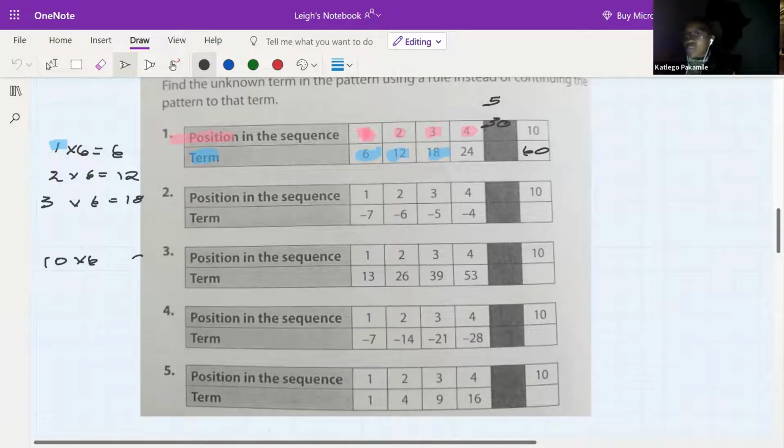Yes, ma'am. So you wouldn't need to use BODMAS because there wasn't any adding or subtracting. But if you look at number 2, something special is happening there. Can you see that? Yes, ma'am. You can't necessarily just say position times this. Do you agree that we're going to be adding or subtracting something as well? So that's how you sort of know. If you have a plus or a minus, then you have to always follow the order of operations, okay?